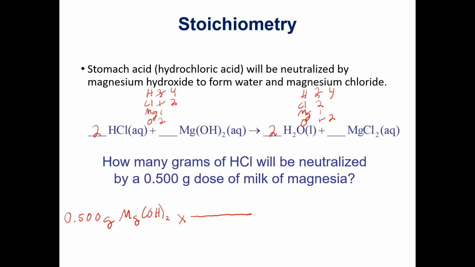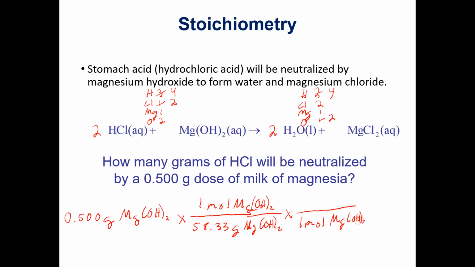And if you add up the molar mass of magnesium hydroxide, that comes out to be 58.33 grams of magnesium hydroxide per 1 mole of magnesium hydroxide. And then from our reaction that we balanced, 1 mole of magnesium hydroxide reacts with 2 moles of hydrochloric acid.